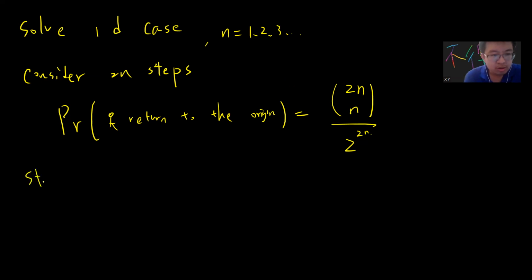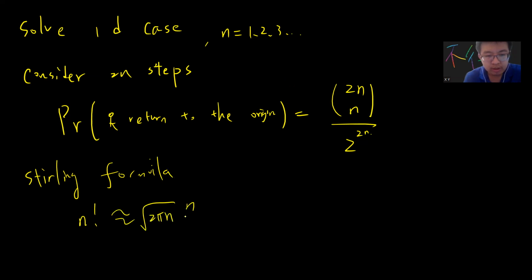Then one can use Stirling's formula. Stirling's formula tells you that n factorial is approximately square root of 2 pi n times (n over e) to the n.